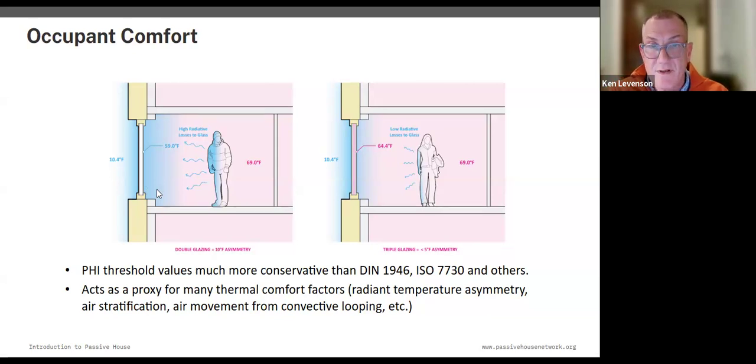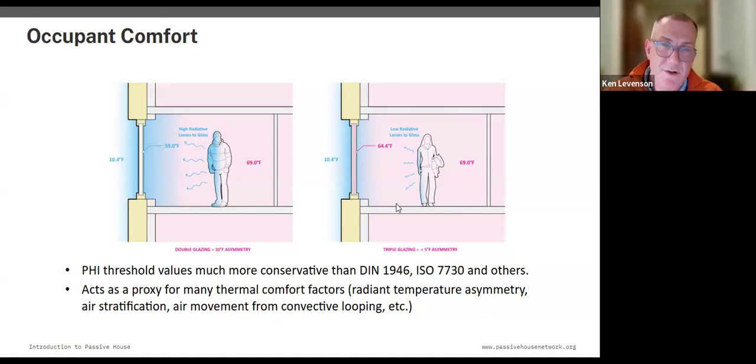With the Passive House, based on the exterior design temperatures, we want the temperature of the glass to be relatively close to the operative temperature of the space and the other surfaces of the space. So you have a much more thermally calm space that you're in.